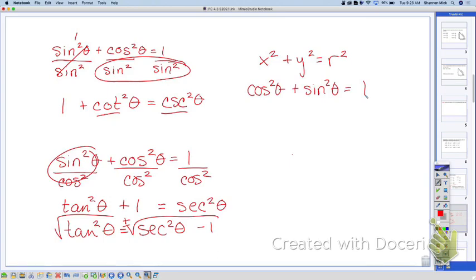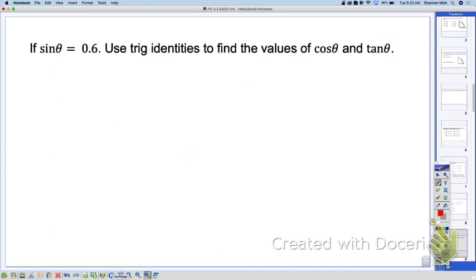Okay, so let's use these things. Everything you do today, you know how to do another way, but we have to use identities today. So you're going to be taking those first identities that you wrote down, and you're going to be using them to manipulate to find the other functions. Got it? And this one's nice. This one says cosine and tangent, but should I be able to find all of them?